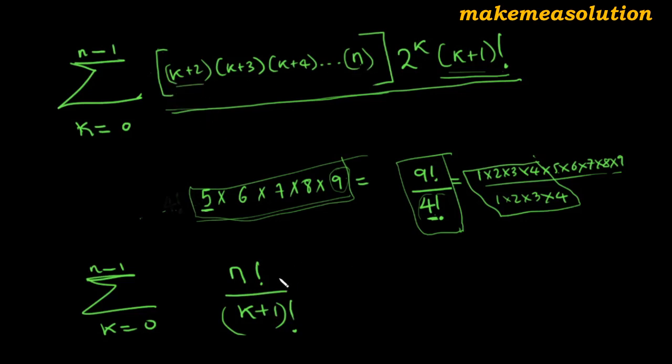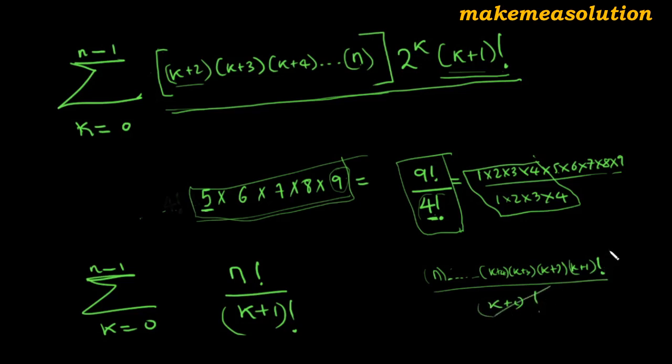Like if I spread this thing, I'll have n, then I keep going down till I get to my k plus 4 and my k plus 3 and my k plus 2, then k plus 1 factorial. Is that okay? Then divided by k plus 1 factorial.